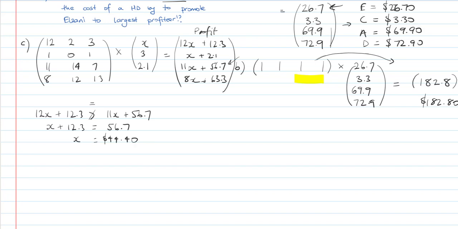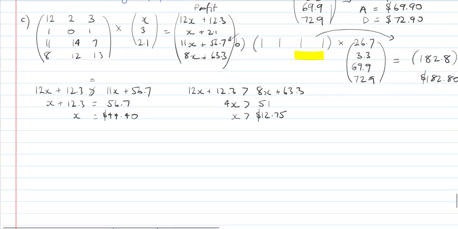Now I can check, I can see what her profit is then. I'll do a little check because I'm still a bit worried about Dylan. 12X plus 12.3 has to also be greater than 8X plus 63.3. Same rearrangement gives me 4X has to be greater than 51, therefore X has to be greater than 12.75, so $12.75.